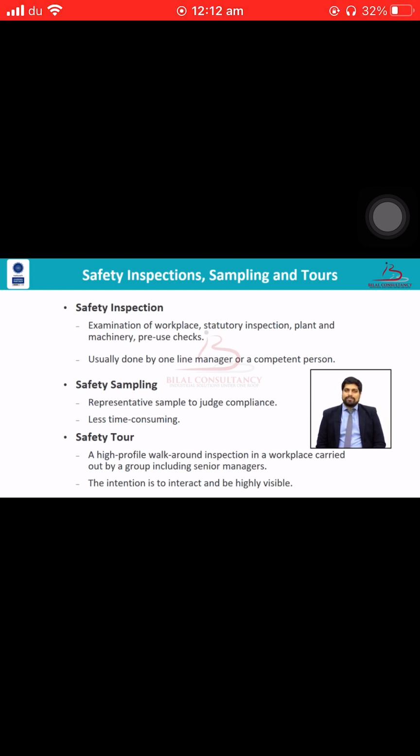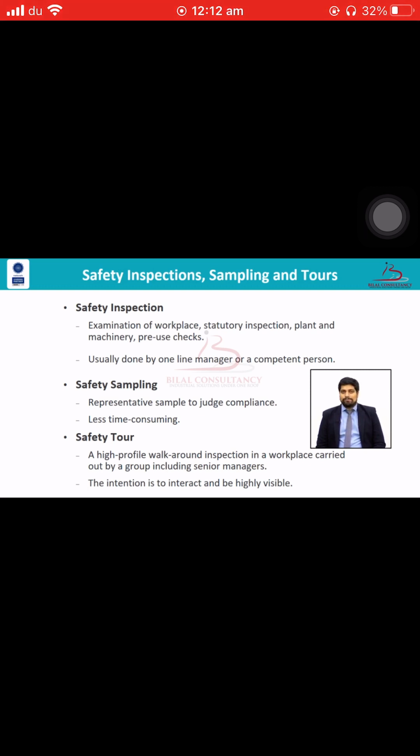The next one is safety sampling. Let us take an example. If we have 100 equipments of the same functionality and the same specification, and I want to inspect those 100 equipments, I will not inspect each equipment one by one. I will take samples from it and inspect those samples, and on the basis of the inspection of those samples, I will be able to conclude whether all other equipments are fully compliant or not.